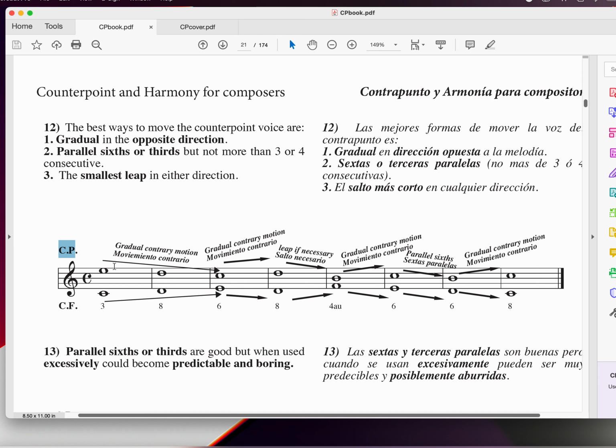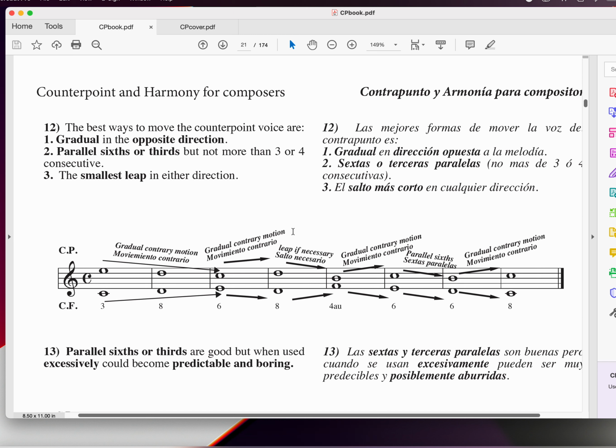It's not necessarily the only one, but it's the most desirable. You may want to always look for that, but it is not always possible. Like the second measure, the D goes to the E, and the other D goes in contrary motion to the C.